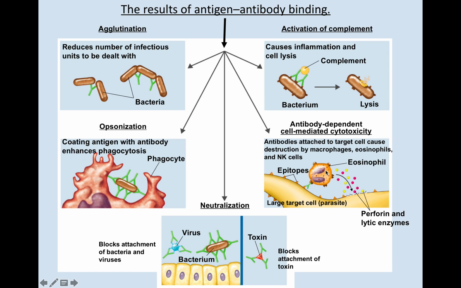Cell-mediated, meaning we have cells like eosinophils attached to the antibody. And cytotoxicity, basically we'll get direct cell killing. Perforin and granzyme lytic enzymes are released by the eosinophil, and they would go into the parasitic cells and actually kill the cell from the inside out.